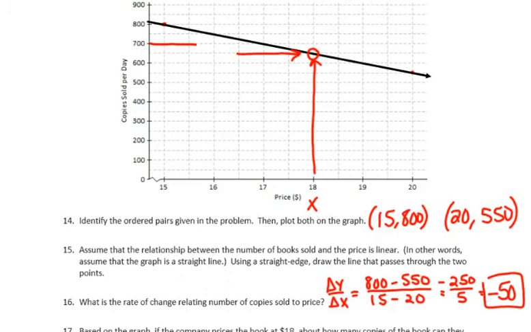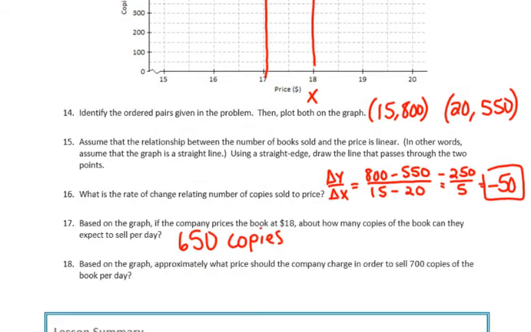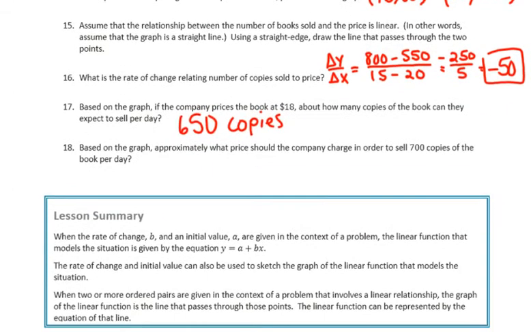Here's 700 copies. I go over. It intersects right here, so I go down, and it would be $17 for 700 copies. So the more expensive the book is, the less they're going to sell of them.